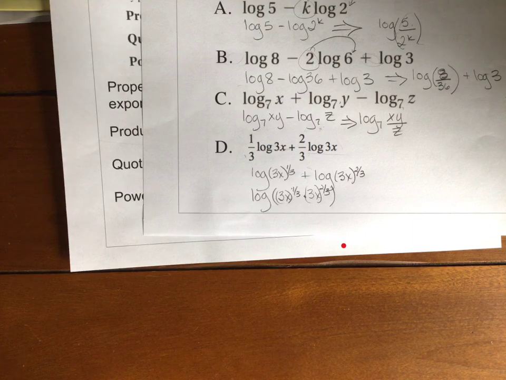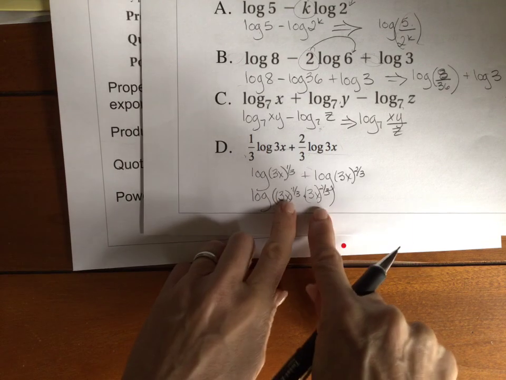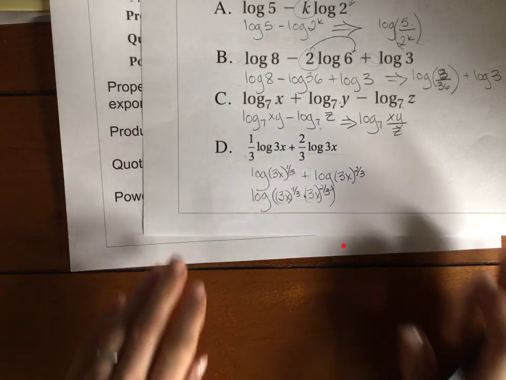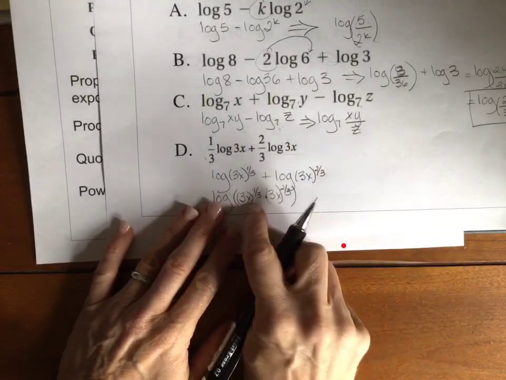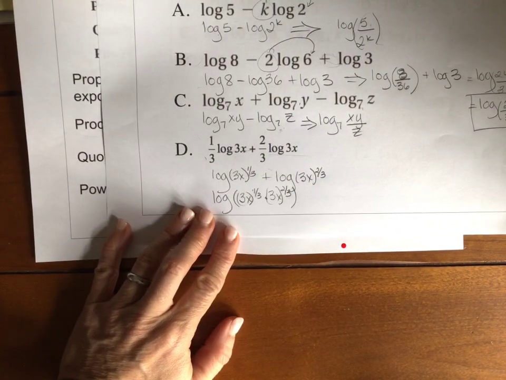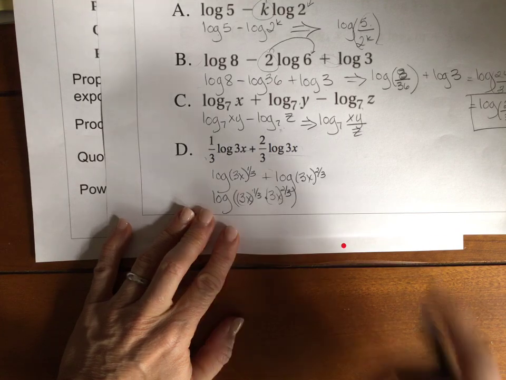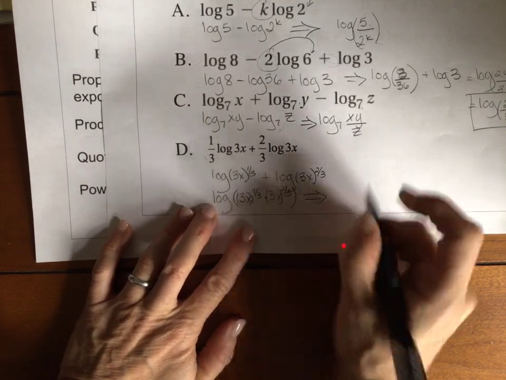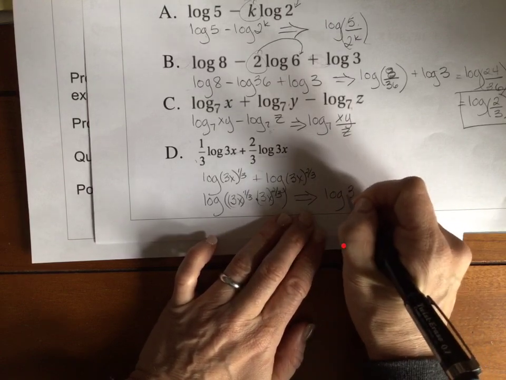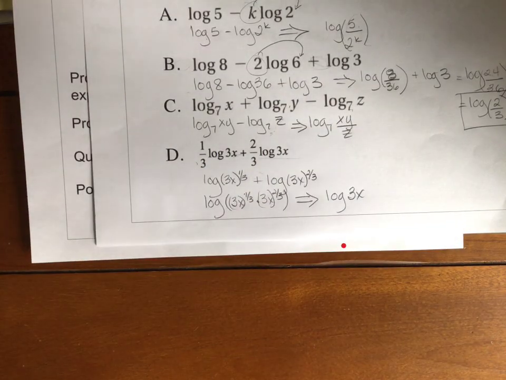That means they're the same base. And when I'm multiplying the same base but different exponents, I can combine those exponents together. And I do that by adding them. 1/3 plus 2/3 is 3/3, which is just 1. So my final answer here is going to be log of 3x. That's it, 3x to the first power.